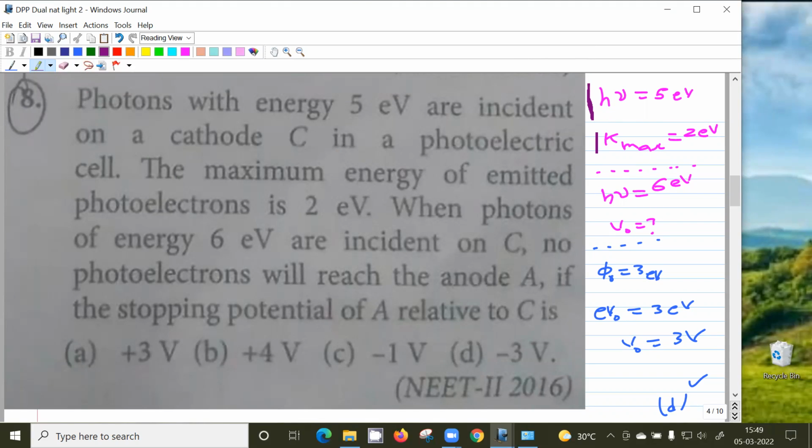3 electron volt. Yeah. In the second case, again you have to use the energy conservation equation, or you can straight away say that whatever is K max in the second case, the stopping potential should stop that K max, that most energetic electron, right? So K max in the second case is how much?